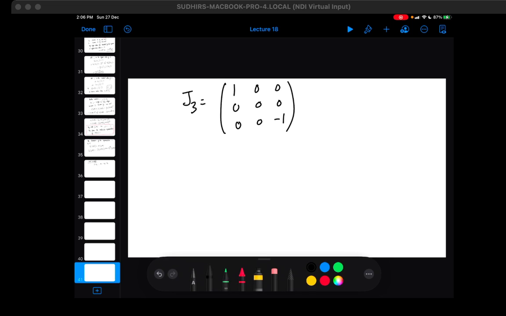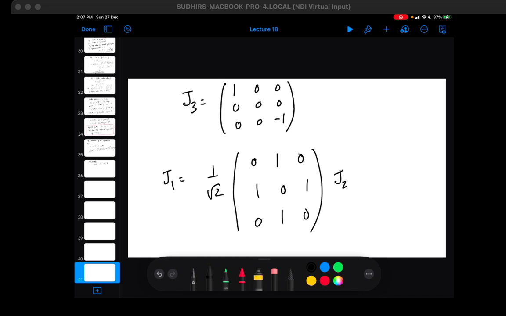J1 happens to be 1 by root 2 times 0 1 0, 1 0 1, 0 1 0.